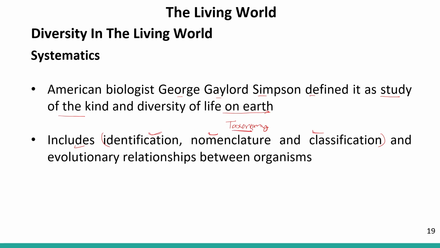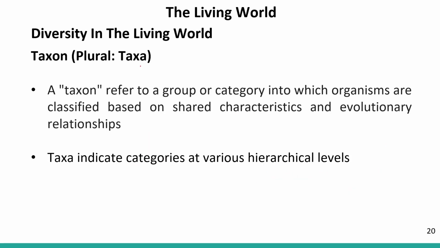In addition to this, systematics also includes the evolutionary relationship between the organisms. So what is systematics? Systematics is simply taxonomy plus the evolutionary relationship, which is known as phylogeny. So this is systematics.